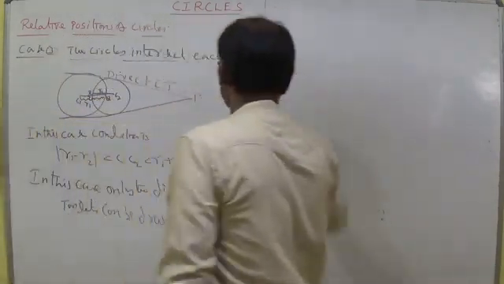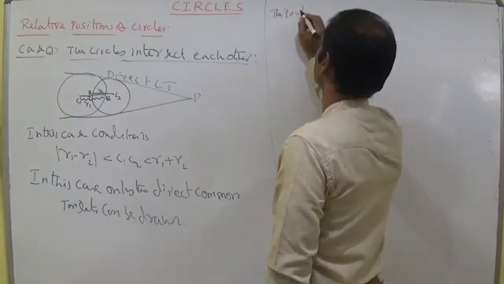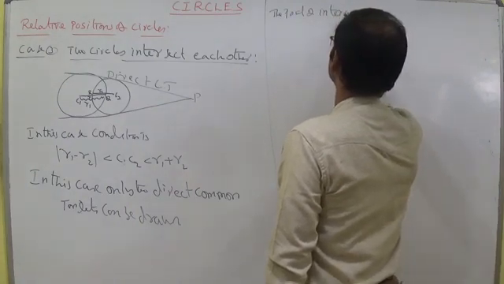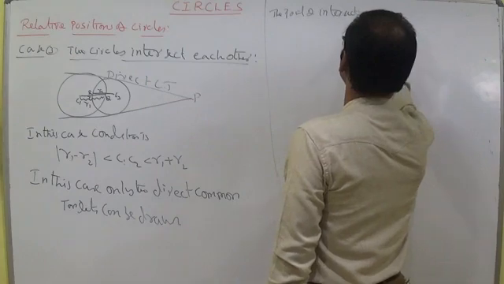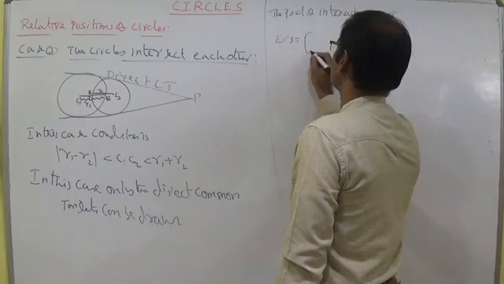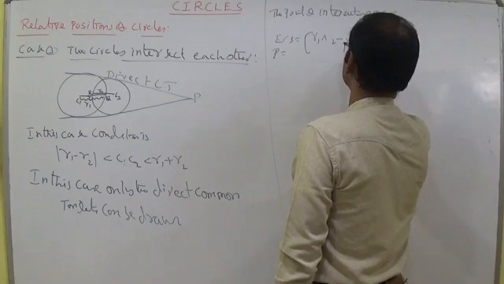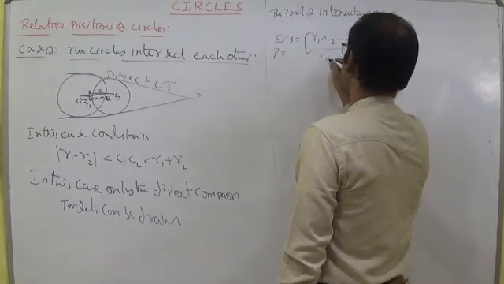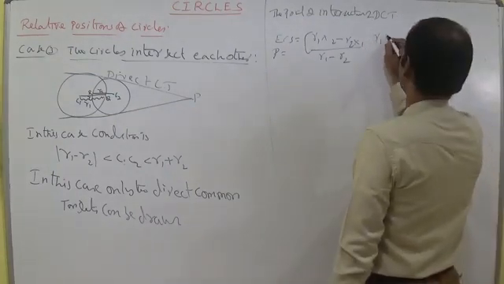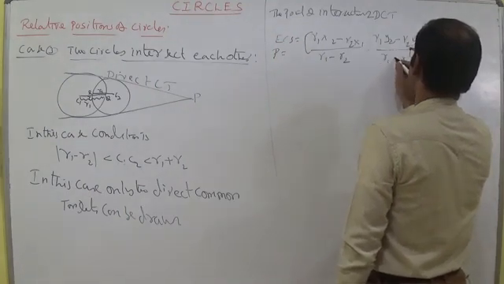The point of intersection of the direct common tangents, ECS, is equal to, here P is equal to R1x2 minus R2x1 by R1 minus R2, comma R1y2 minus R2y1 by R1 minus R2.